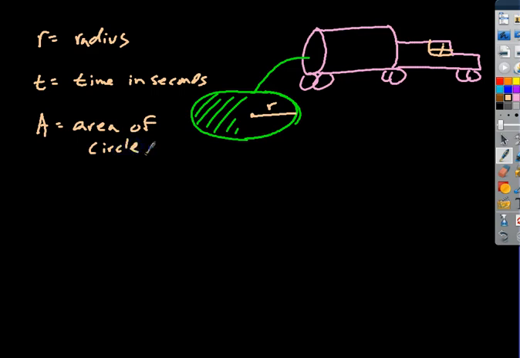From there, we think about how I can come up with an equation to represent what's happening. Well, we should know the area of a circle equation, and this area is changing with time. So A as a function of T. The area of a circle is pi radius squared, and the radius is changing with time.